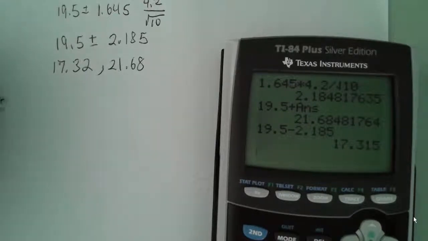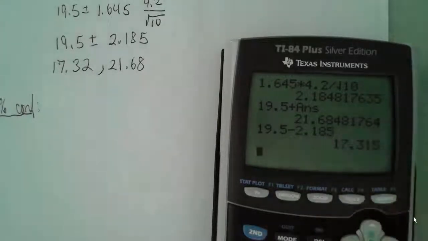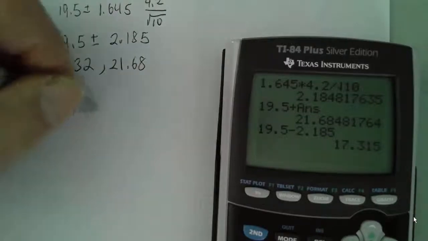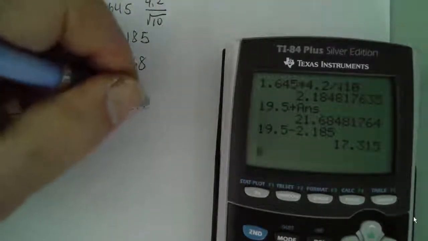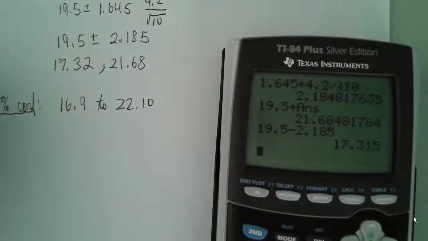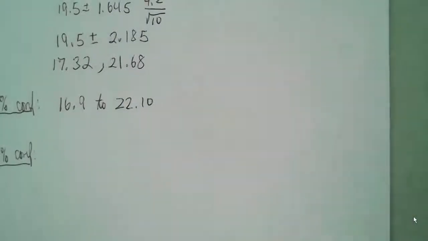The 95% confidence interval we already did, but let's just copy that down so that we have it for reference here, 16.9 to 22.10, and then the 99% confidence interval. Well, we're going to do the same thing all over again.